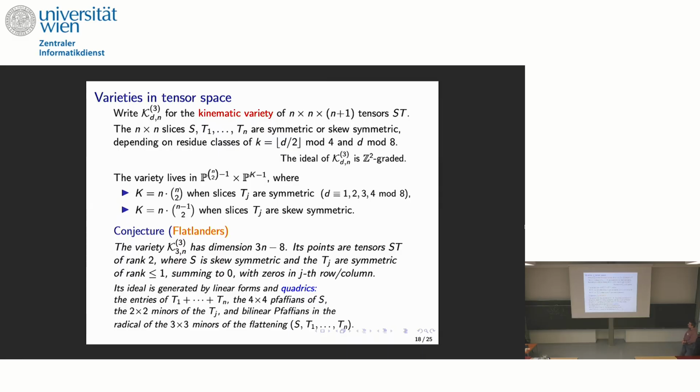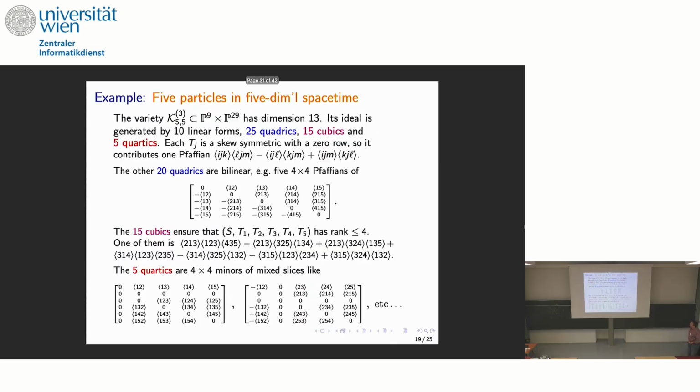Even for flatlanders, we have a bunch of conjectures. This variety has dimension 3n minus 8, and Pfaffians and flattenings and so on. These are familiar words from the applied algebra repertoire. So the upshot is these are very interesting varieties in tensor and matrix spaces, and we know relatively little.